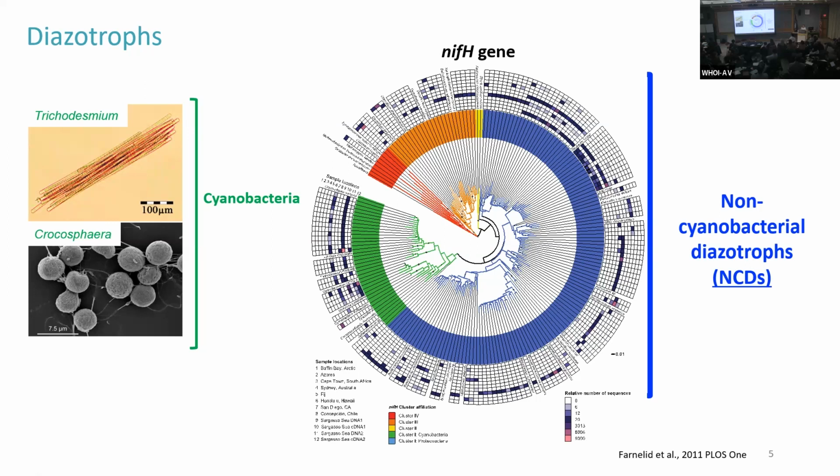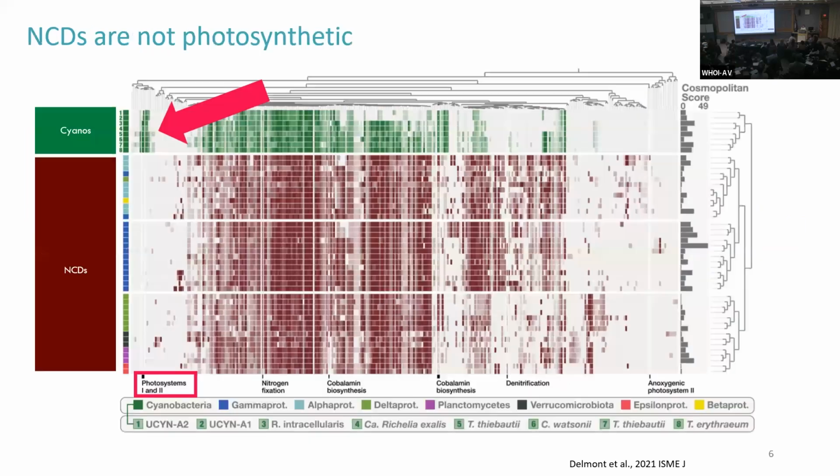These are much more widespread in the oceans. We can find them anywhere from the tropics to the polar oceans, and from the surface to the mesopelagic. But we really don't know how much they are contributing to the global nitrogen fixation input. So this is what I'm trying to address here.